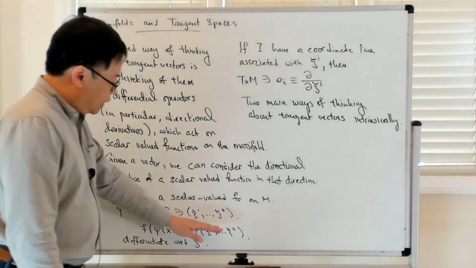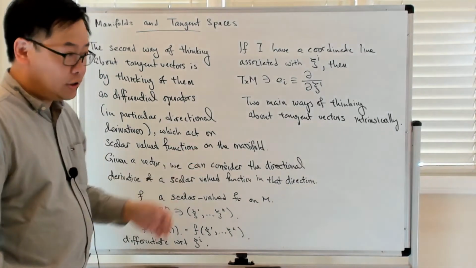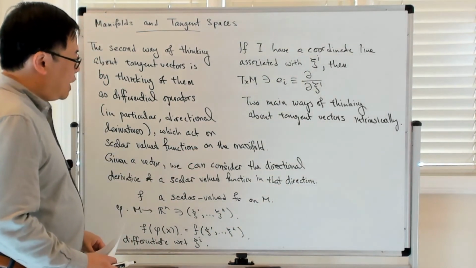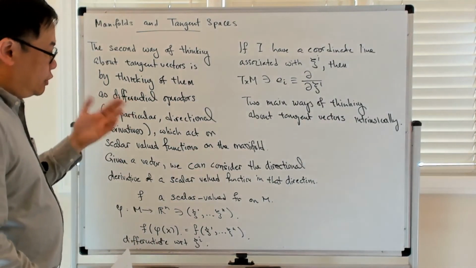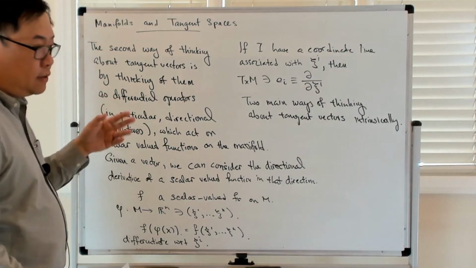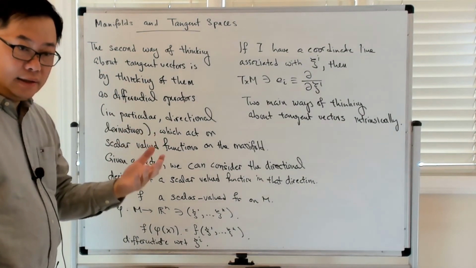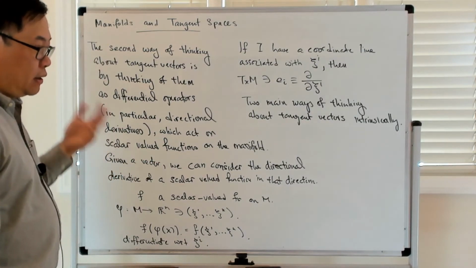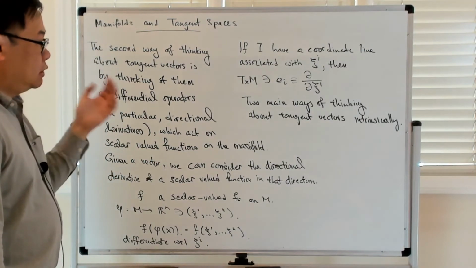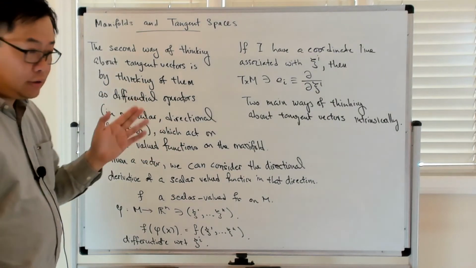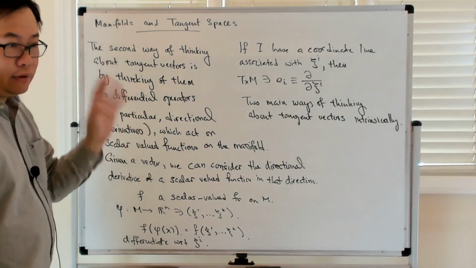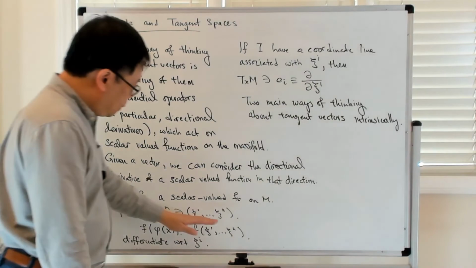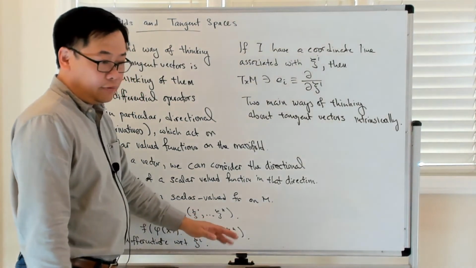Later, when we start talking about curvature, what's going to happen is that you're going to have a sense in which vector fields act on scalar valued functions, and you're going to start applying more than one tangent vector, or more than one vector field, to the same scalar valued function.